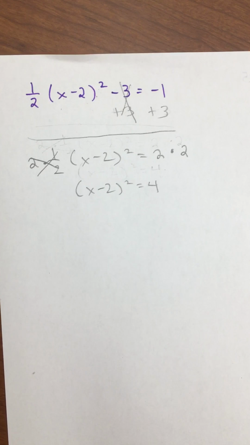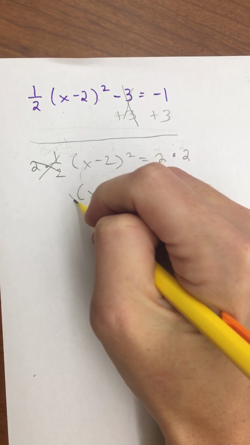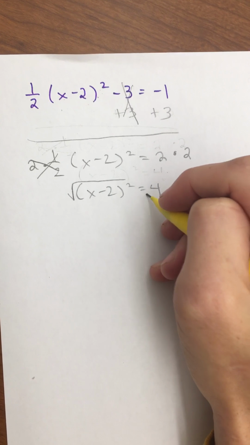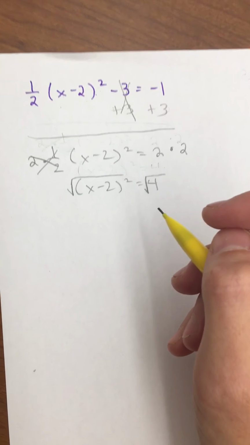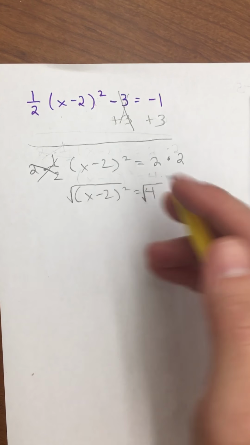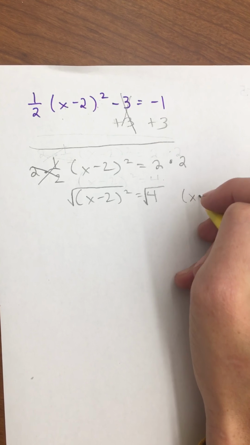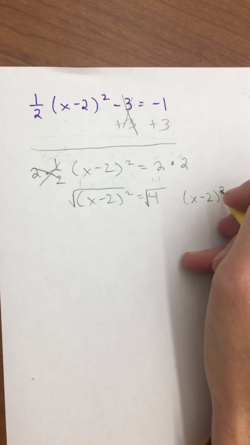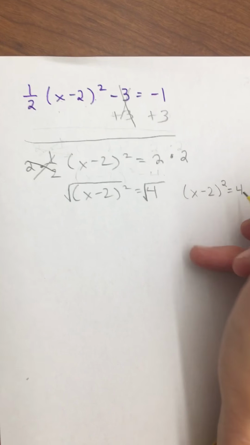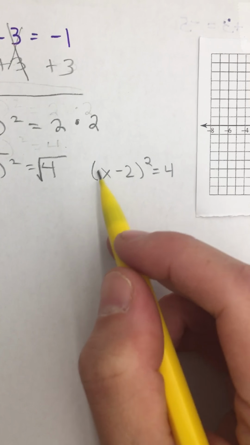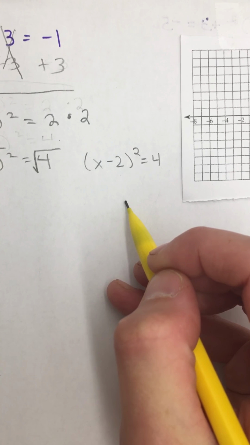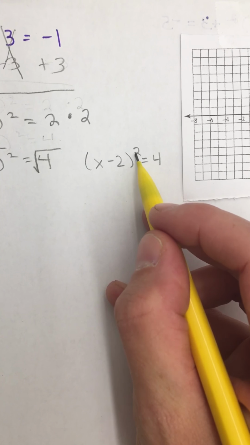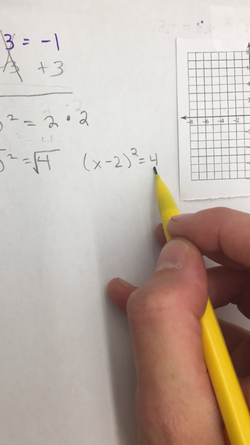Now, to solve this equation, I'm going to use a square root function, but I need to be thoughtful about what I originally started with. My original equation is that some number, minus 2, squared is equal to 4. If I put any number inside of this parentheses, whether it's positive or negative, when I square that value, I'm getting out a positive 4.